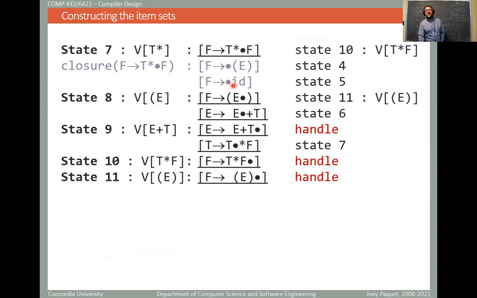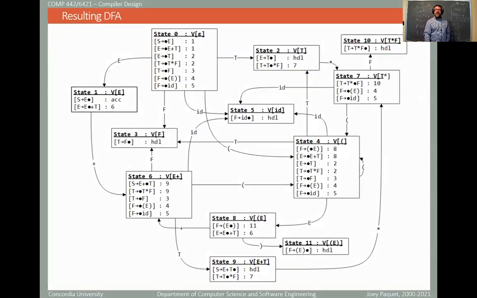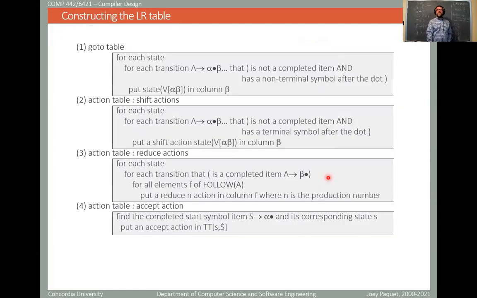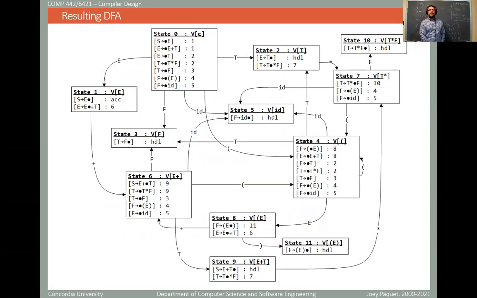So there's only one item that has a non-terminal symbol after the dot. It's this one here, F, so state 7, F, 10. Okay, so that's it for the go-to table.